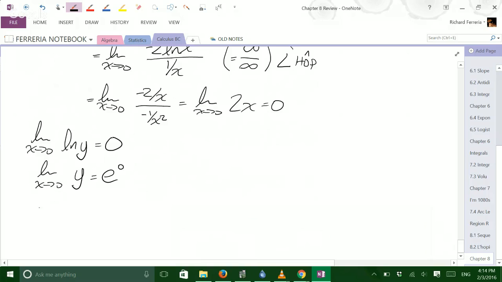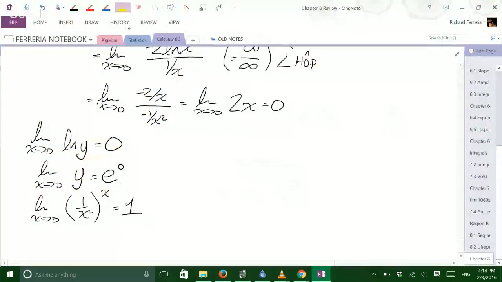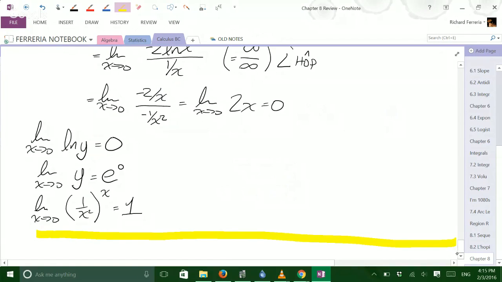And if we substitute again, then we see the limit as x approaches 0 of (1 over x squared) to the x power is 1. So, great work. So that's number 8.